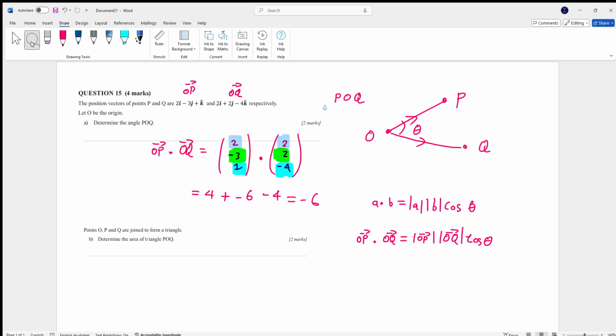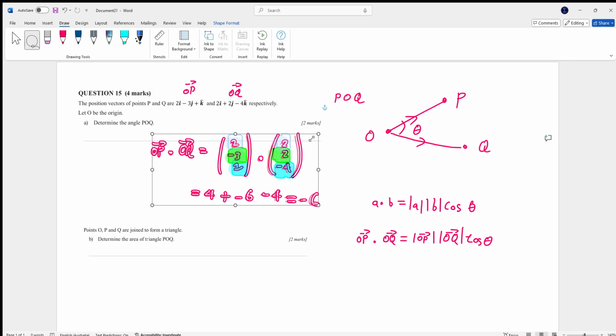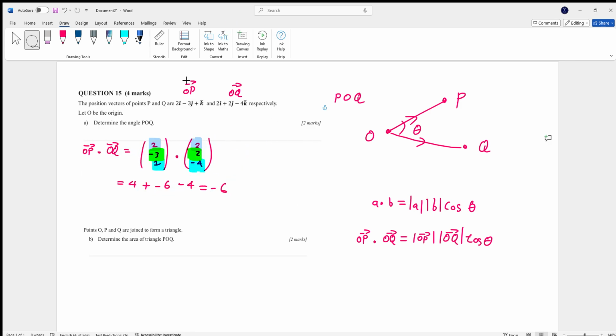Now we're going to need the length of each of those vectors as well. The length of O to P is just using Pythagoras' theorem in 3D, so each of the components squared and then square rooted. Chuck that into your calculator, because remember this is a calculator exam, don't waste your time doing all this easy stuff if you've got access to a calculator.